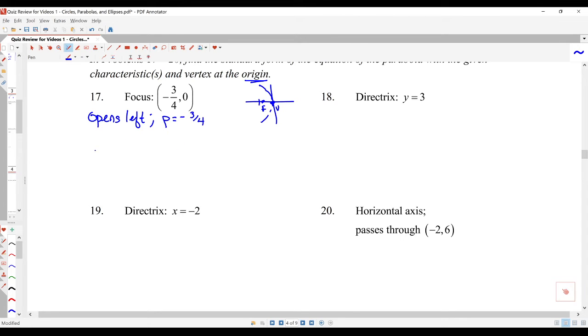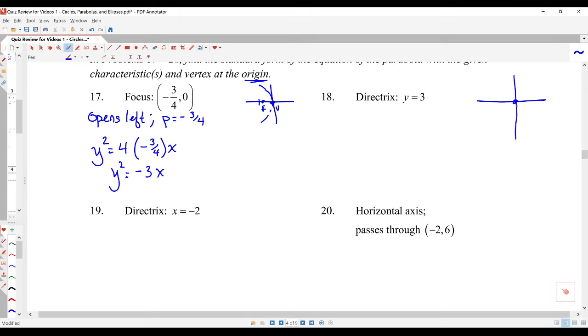So my equation, because it opens left, is y squared equals 4 times P times x. 4 divided by 4 is 1 times -3, or however you want to do it, we get y squared equals -3x.